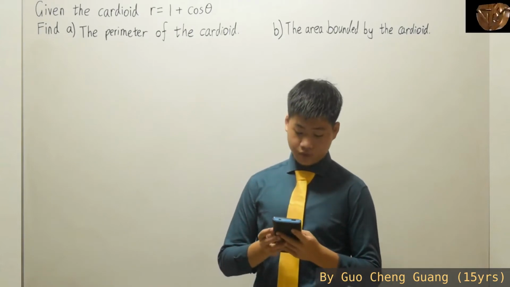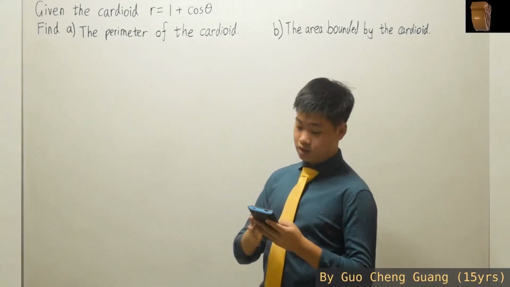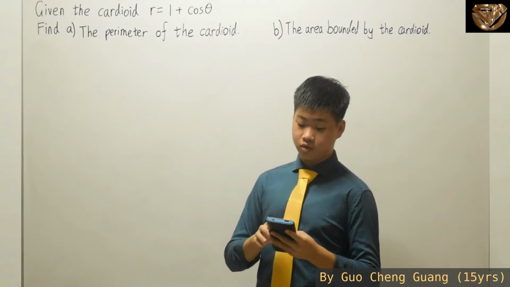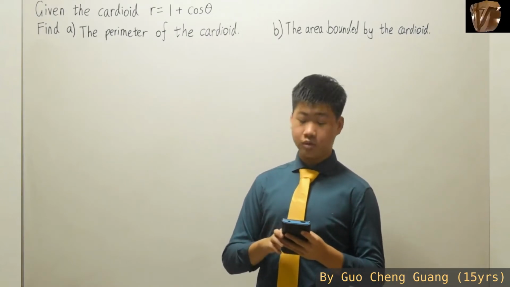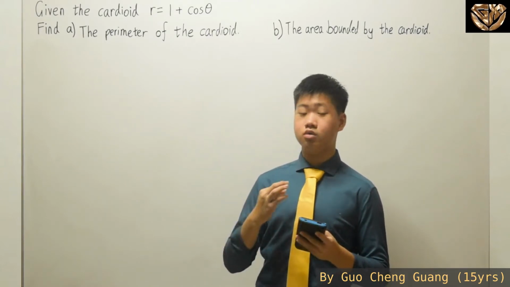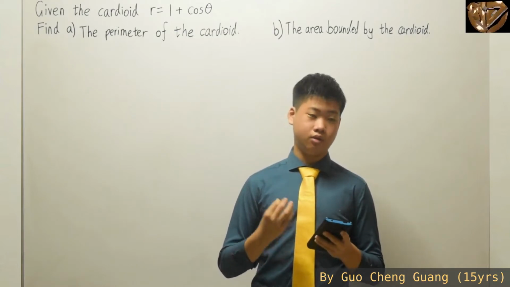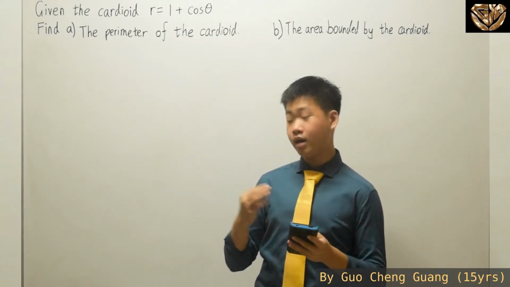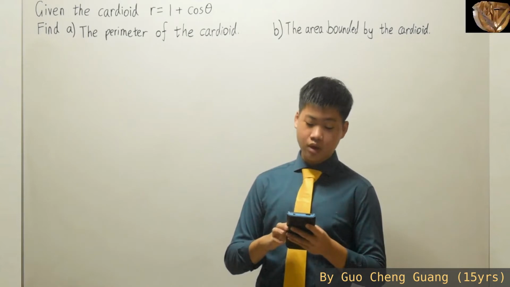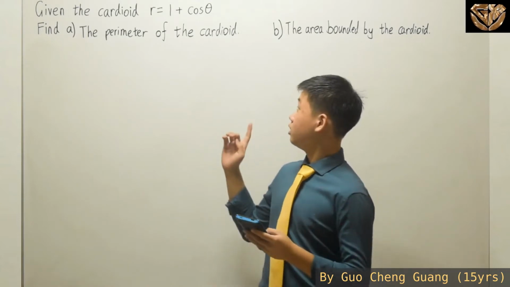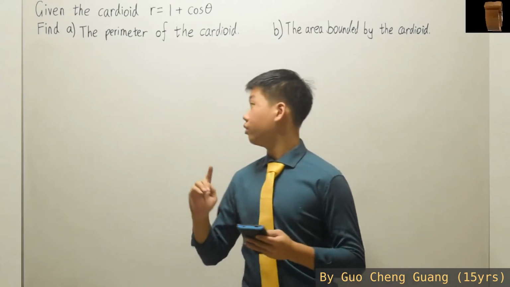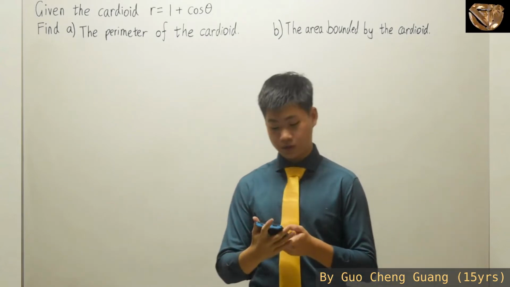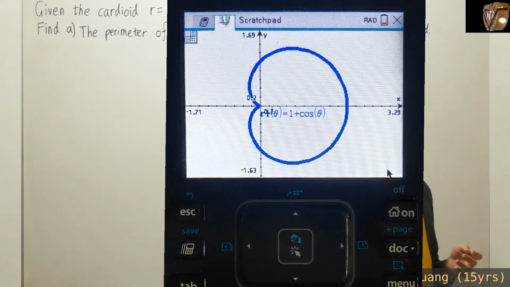Just be aware this is in polar coordinates, unless you know how to use parametric equations, but that will be another story, which you can convert to, of course. With this equation in polar coordinates, this is around what it looks like.